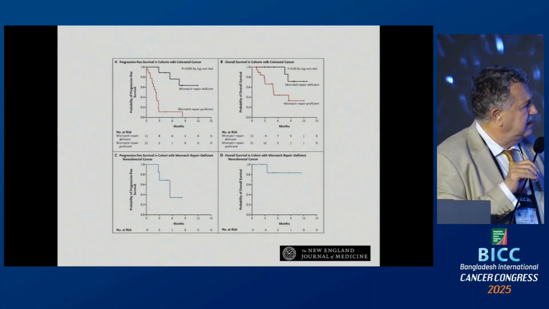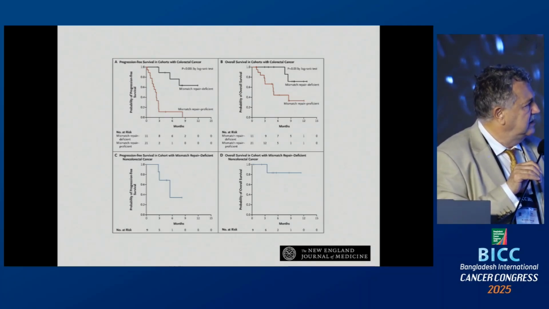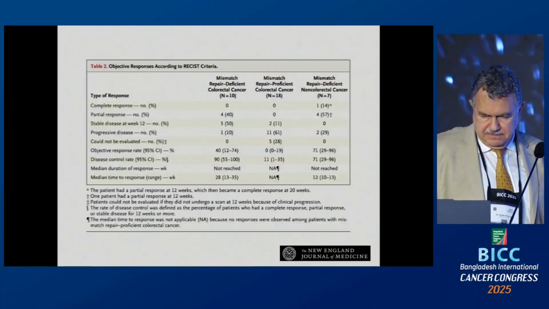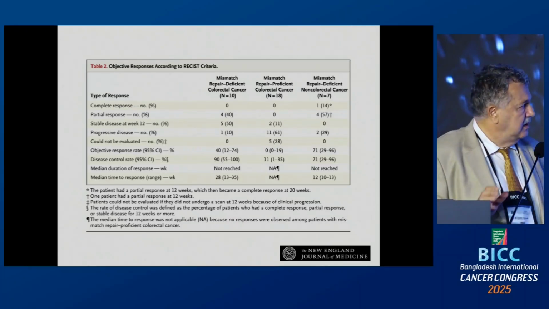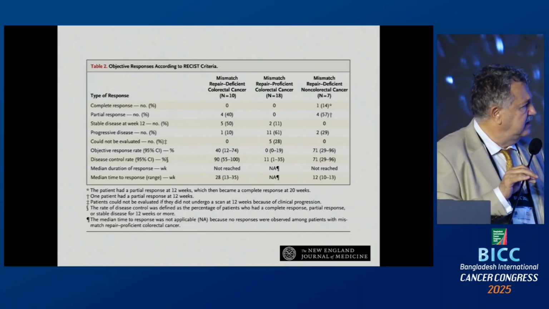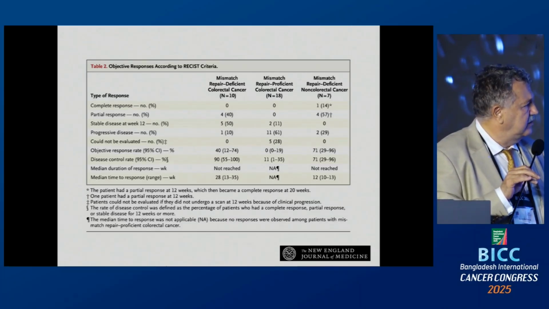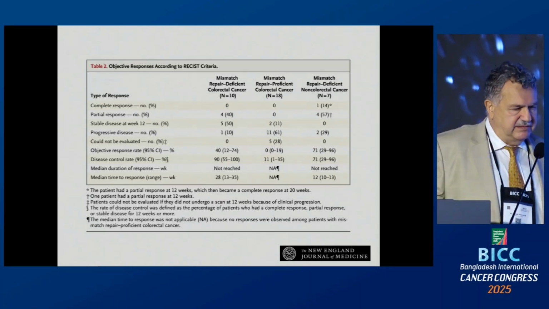And this translated to a big difference in the curves, even for overall survival. In this study, most cases were found to have partial response and not complete response or stable disease. But later on, we'll show some even better results.